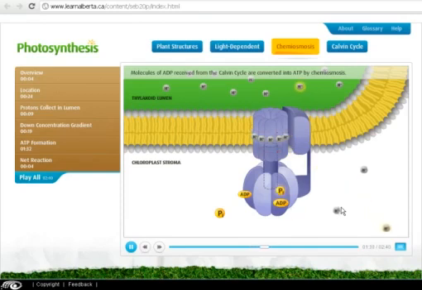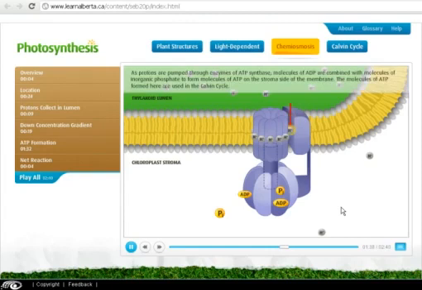ADP is going to be like a taxi of energy from one side of the cell to the other, and it's taking energy that is created from this process and taking it to the dark reaction, and we need that energy in the dark reaction to drive the production of C6H12O6 because that's what we're trying to do in photosynthesis. So here you can see as the hydrogens get pumped out, ATP gets produced. That ATP is also going to be used in the dark reaction to help make C6H12O6.